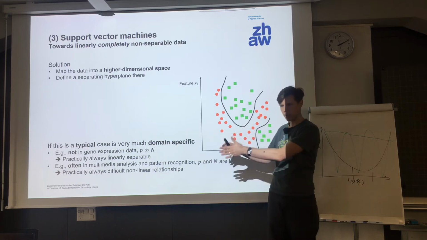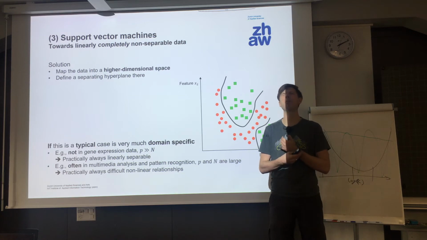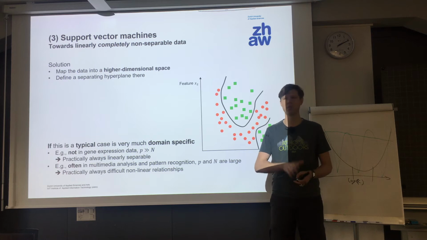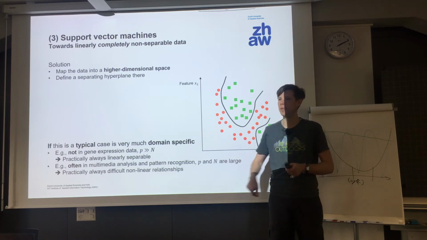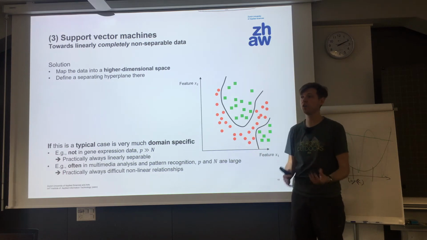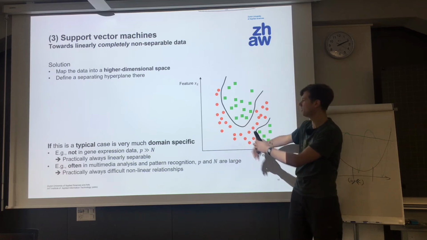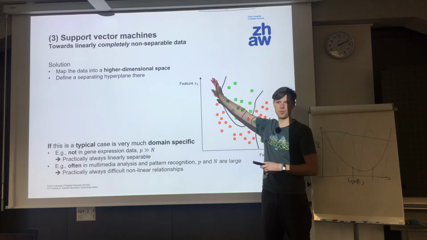In the field of science where I come from, multimedia analysis, you have absolutely no chance at all to start with anything linear. You can just forget about it. You don't even have to think about it. You need a nonlinear classifier because all the patterns in the data are nonlinear. So for me, coming from multimedia analysis, I never thought about linear support vector machines.